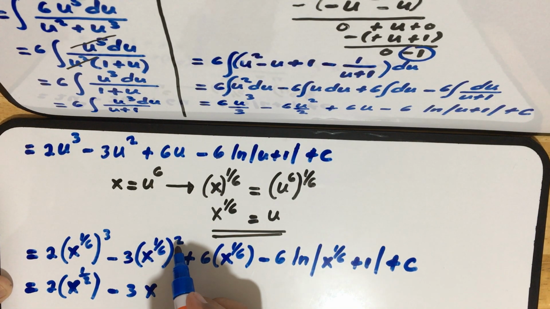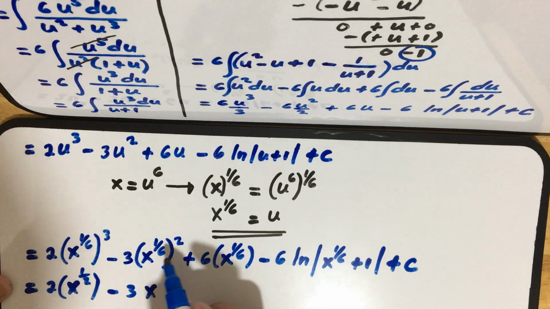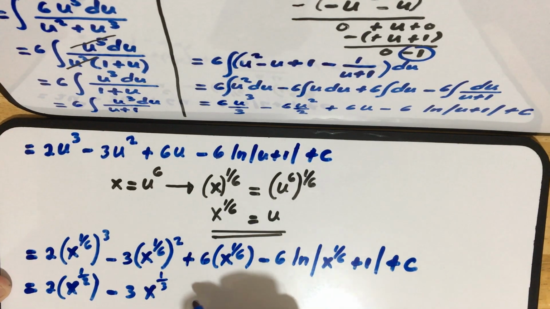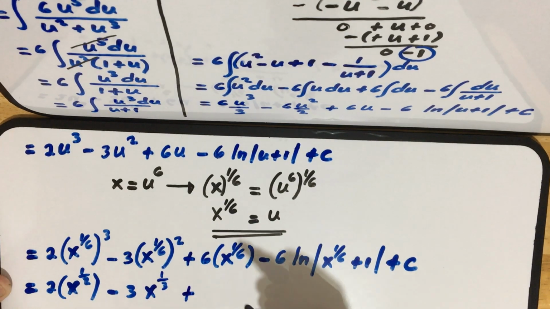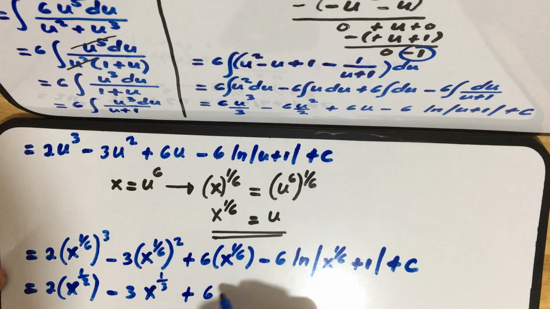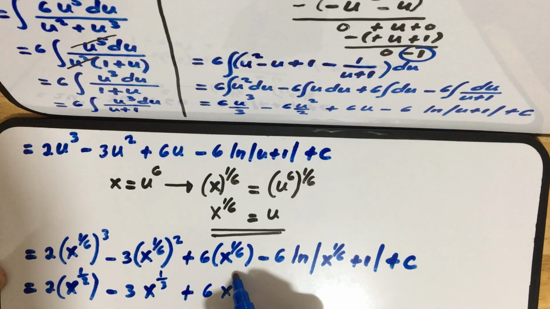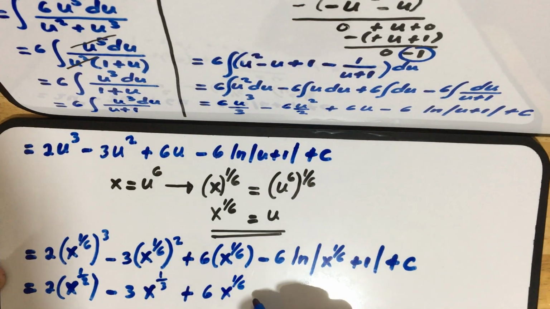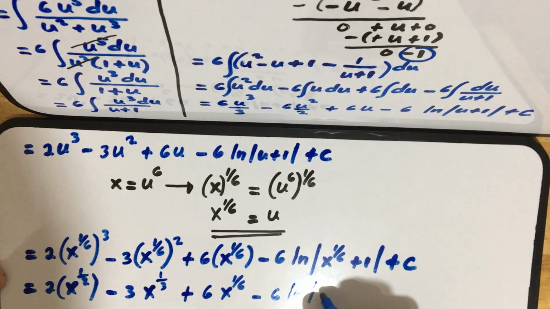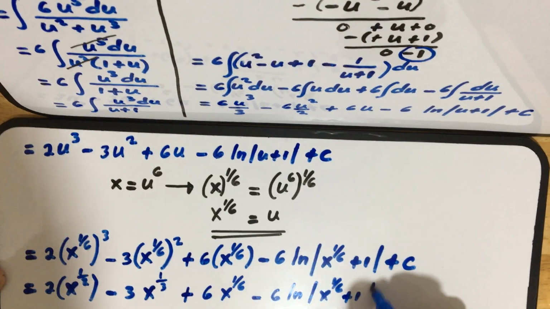That is 1/3, right? So x to the power 1/3. Then plus, the same, 6 times x to the 1/6. Then minus 6 ln of x to the power 1/6 plus 1, then plus c.